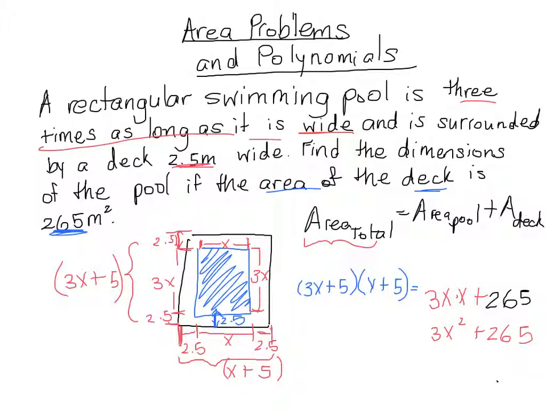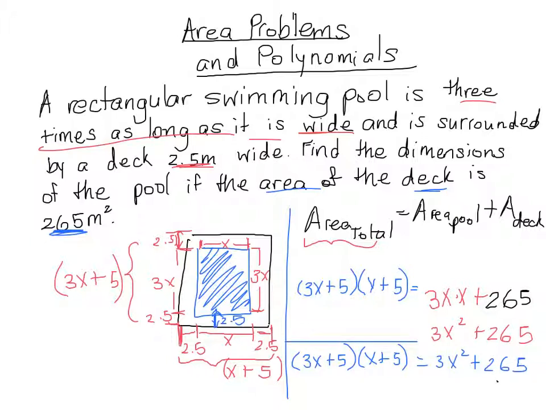So I'll rewrite everything: for the area of the total, 3x plus 5 times x plus 5 is equal to 3x squared plus 265. Now this looks like something that we probably should be able to solve.